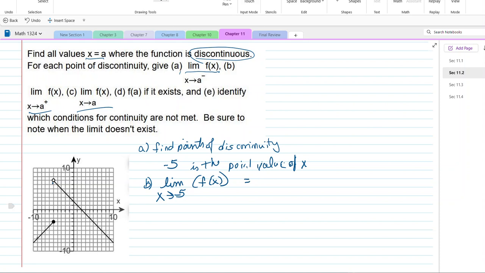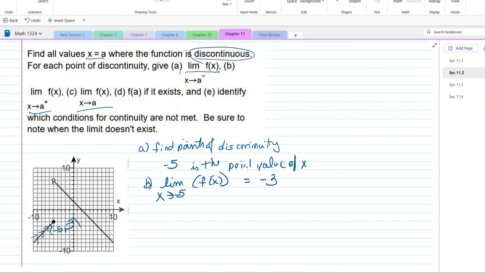So as I approach from the left, I get f of x equals, and that's a -1, 2, 3. It's a -3. All right.